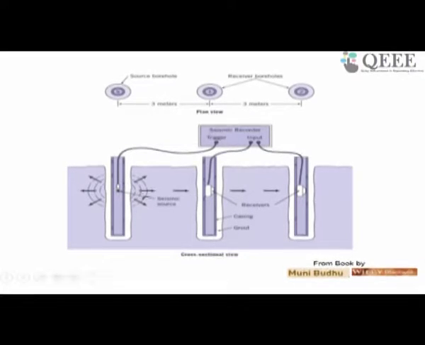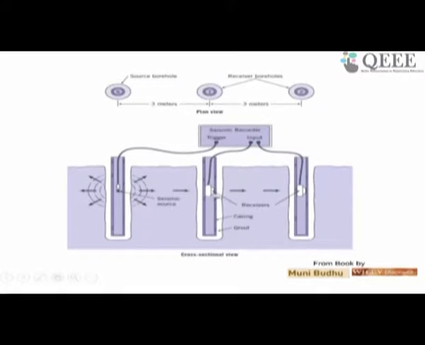So this distance will change from the top distance. That has to be checked properly with a borehole deviation measurement at the particular level, which will give you the exact distance between the seismic wave source and the receiver where you are going to receive the wave.